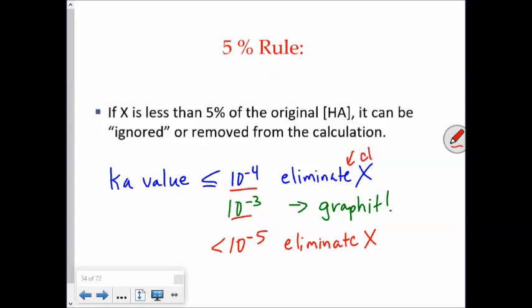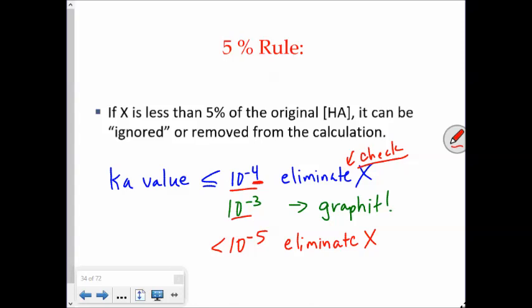Here, you might want to do the quick little equation check if it's 10 to the minus 4. 10 to the minus 3s usually do not come out right, and you do have to graph it. I've noticed that pattern as I've worked these problems: with 10 to the minus 3s, the percent ionized is usually higher than 5%.